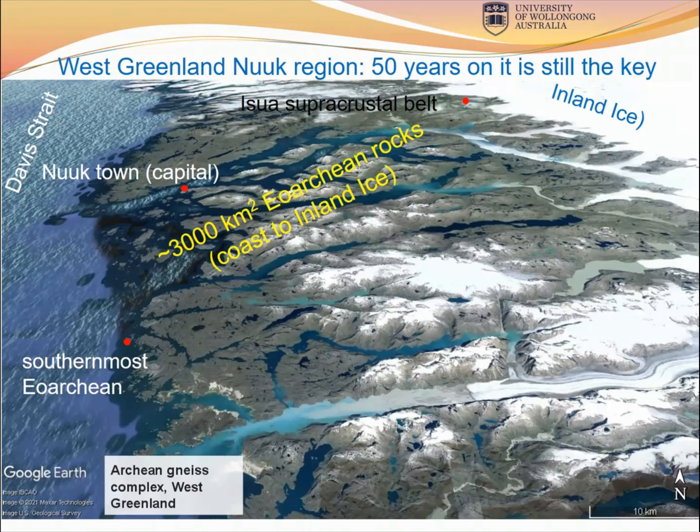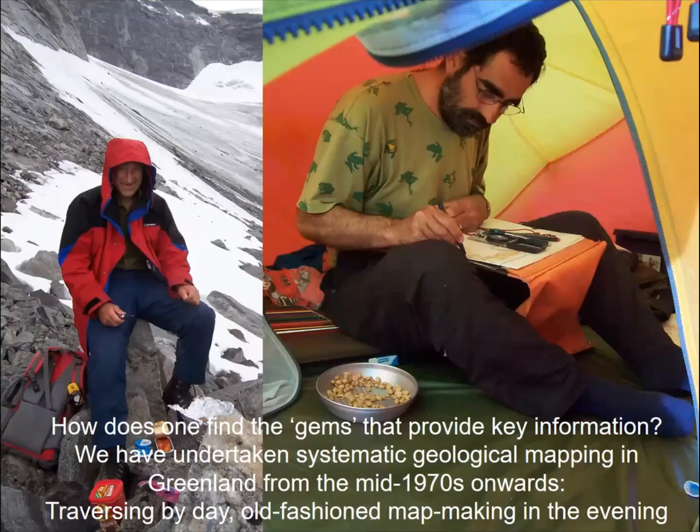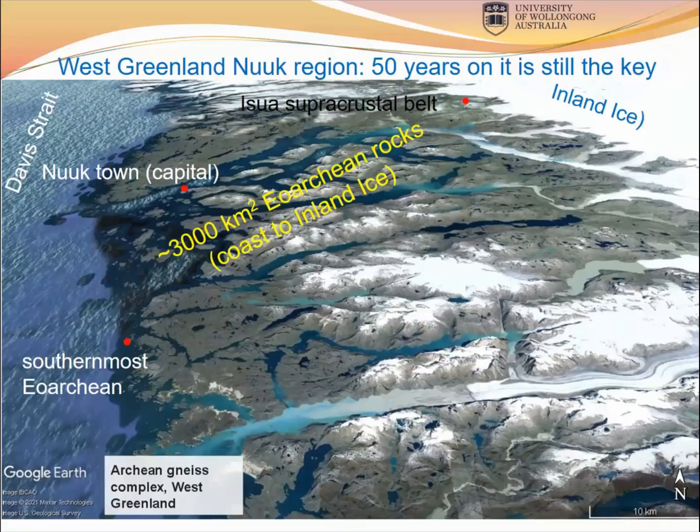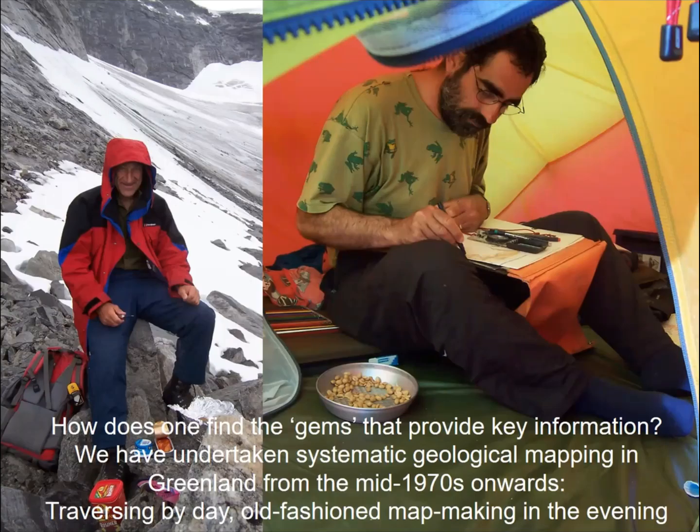So there's this belt of Eoarchean rocks, exposure of about 3,000 kilometers squared, ranging from the coast up to a special place by the inland ice. So we're going to focus on some of that, but first of all, how do you actually find gems in this vast, great big area?